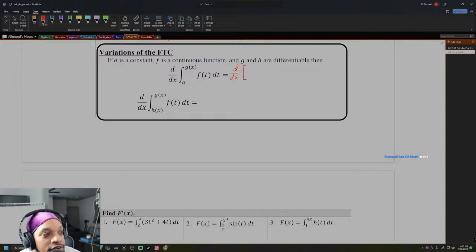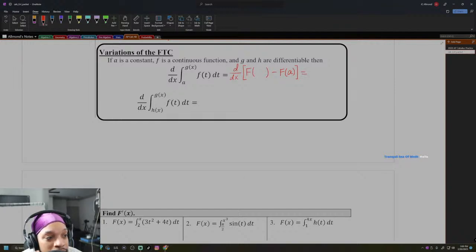So it's going to be the derivative still, but remember how we said the integral of lowercase f was capital F of something minus, in this case, capital F of A. And remember how last time we said that capital F of A evaluated to some constant, and the derivative of a constant will be 0.